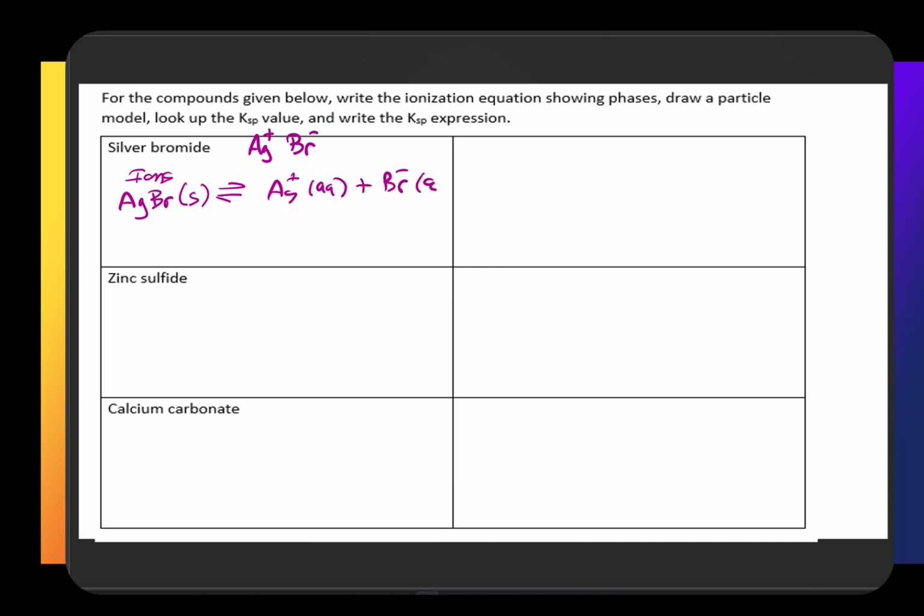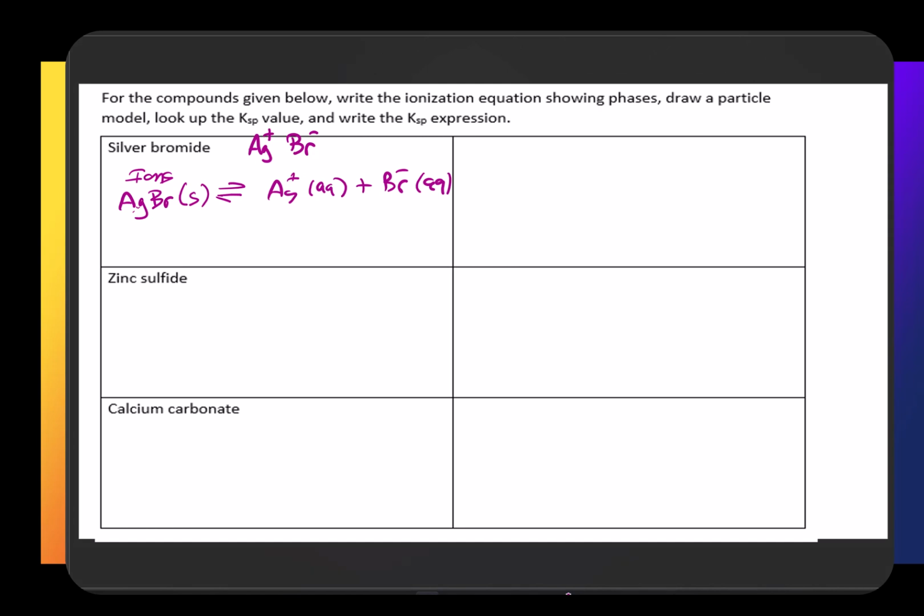Remember that we don't show charges for an ionic compound formula because we can get the charges from what we know in the periodic chart, from either the group number, like bromine is in group 7A, so it's a -1, or from looking at a table to get the charges on silver, or being told what the charges are using, say, Roman numerals. Silver only has one oxidation state, so we automatically know it's a positive one.